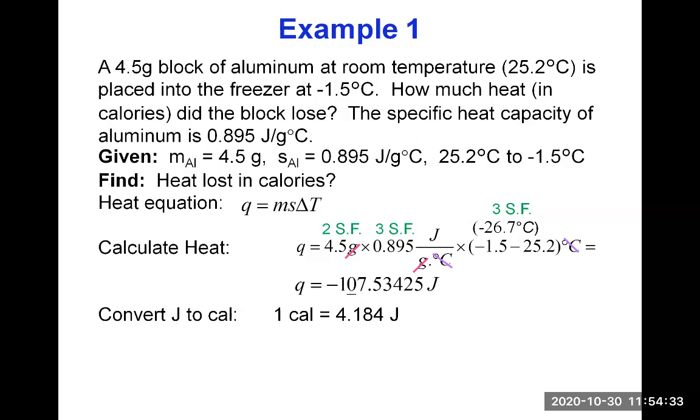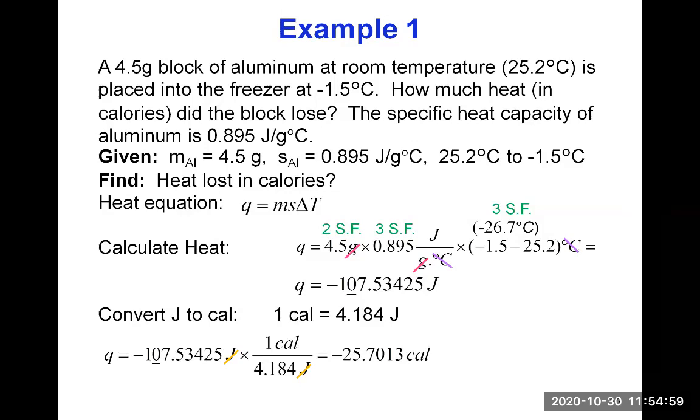Because we start with the given amount in joules, we will want the 4.184 joules on the bottom of the conversion factor. So it's going to look like this: the value in joules times 1 calorie on top and the joules on the bottom. This way the joules cancel, and we will be left with calories, which is the unit we wanted.